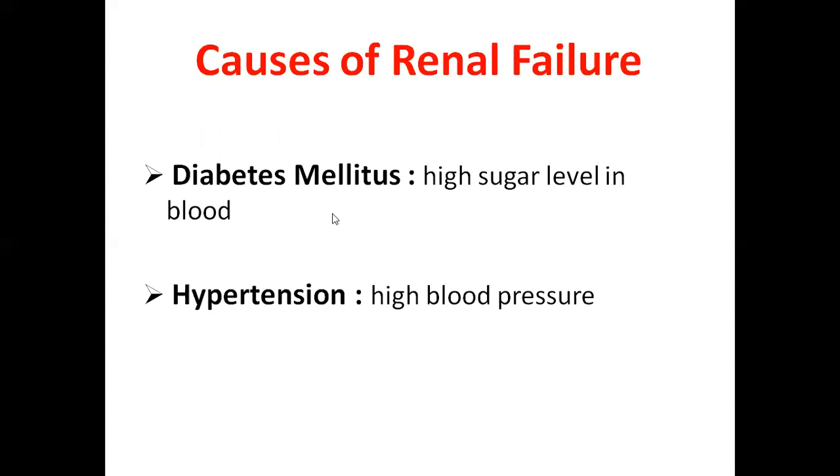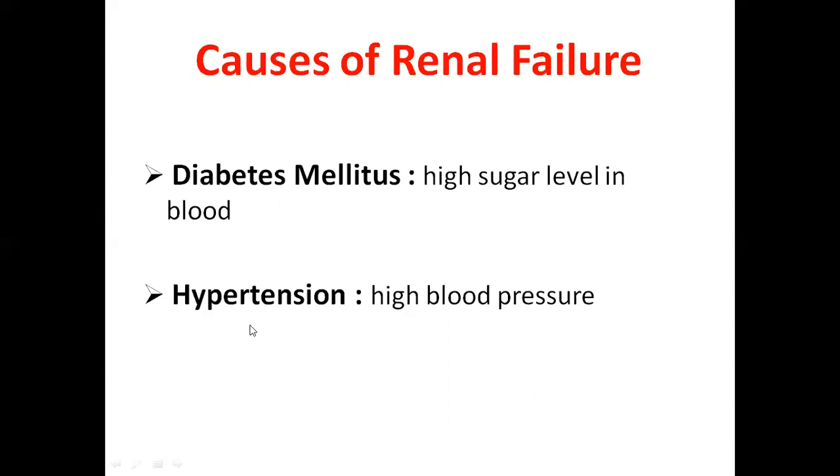The disease which we call sugar is scientifically called diabetes mellitus. It is simply a high sugar level in the blood. When the blood has a level of sugar greater than the required amount, that is termed diabetes mellitus.